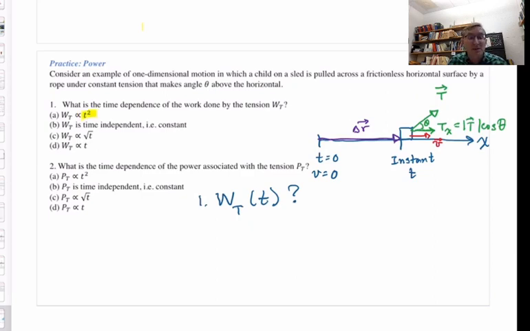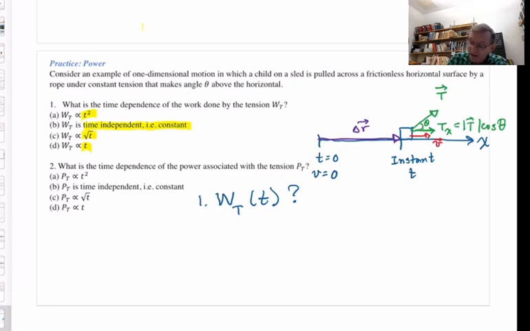It's proportional to t squared. The work done by the tension force is time independent, i.e. it's constant. After all, the tension force is constant, so why isn't the work done by it constant? The work done by the tension force goes like the square root of time, or the work done by the tension force goes like time to the 1 power. It's one of those 4. Which is it? Let's figure it out.